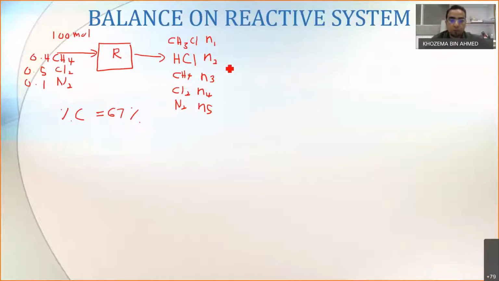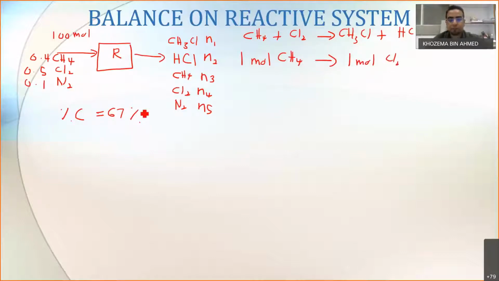Let me just write the reaction again: CH4 plus Cl2 gives CH3Cl plus HCl. If I look at my stoichiometry here, 1 mole of CH4 will react with 1 mole of chlorine gas, right? Based on this value, 0.4 times 100, I know that I have a total of 40 mole of methane in my reaction.